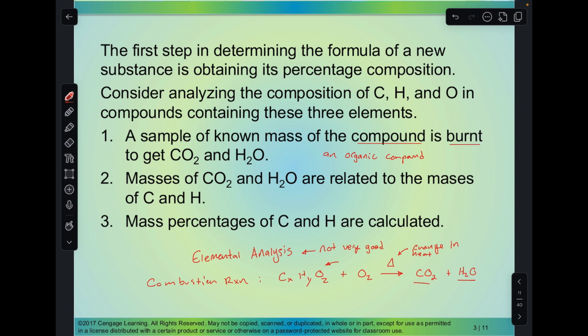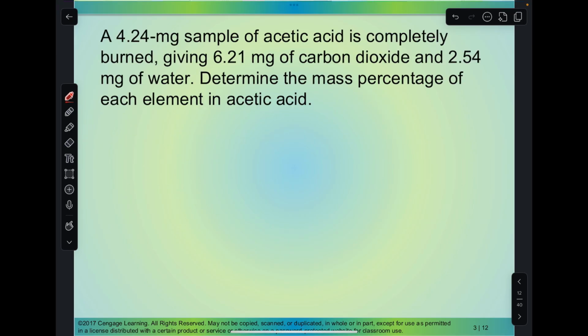And then the masses of CO2 and H2O are going to be related to the masses of carbon and hydrogen, because both of these compounds contain carbon and hydrogen. This is where the stoichiometry comes into play, which we have not actually used that word yet in these slides. And from there, we can calculate the amount of carbon and the amount of hydrogen present.